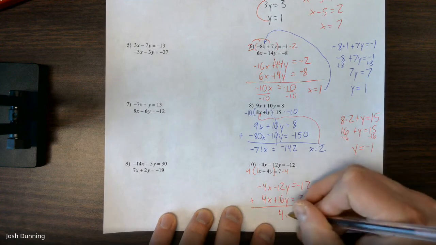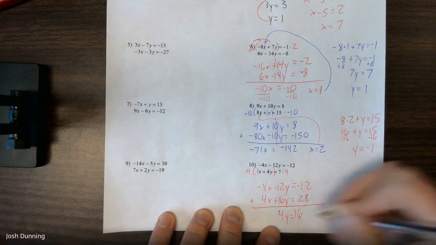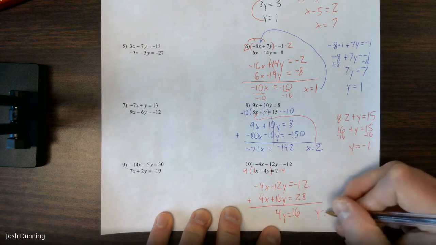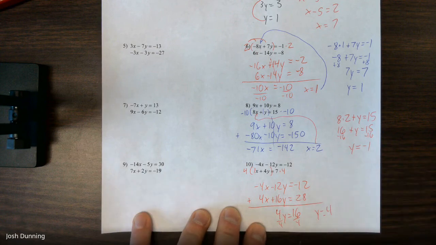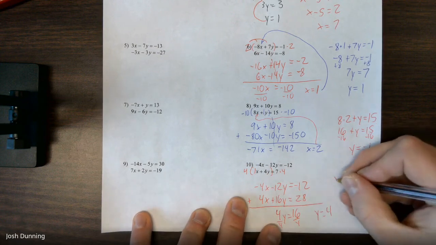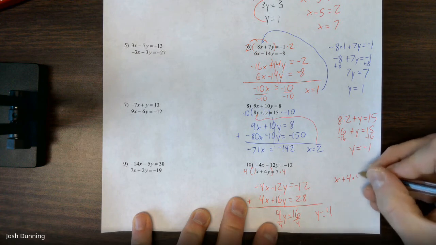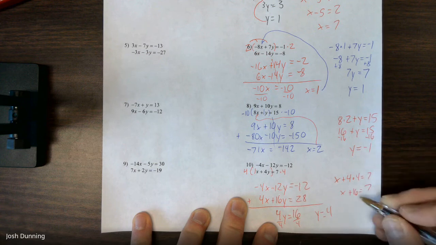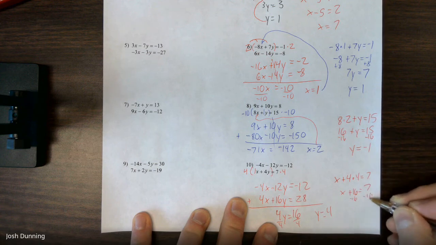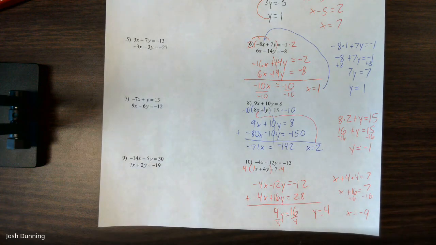Negative 12 plus 16, 4. And then negative 12 plus 28, 16. Divide by 4. Y is 4. Go back. I'll pick the bottom one. X plus 16 equals 7. Minus 16. X is negative 9.